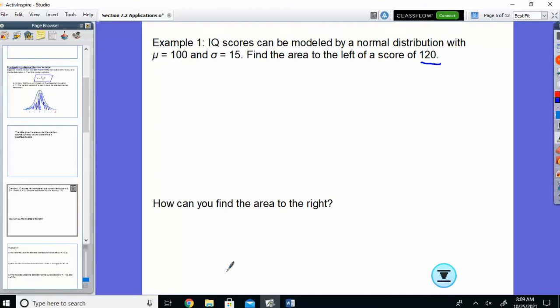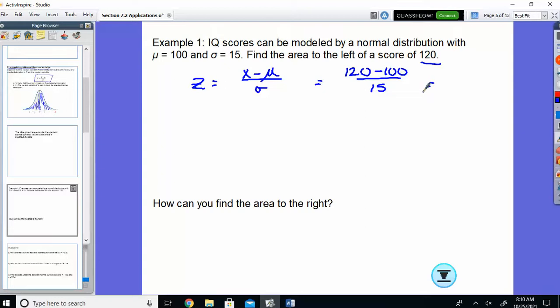So the first thing you have to do is calculate your z, which is the formula we just wrote down. If you also look on your formula sheet under Chapter 7, that is the first formula there. It tells you to find the z value. You're going to do distance from the mean. So it's your x minus your mu over your sigma. So my x would be what? 120. Minus 100 over 15.